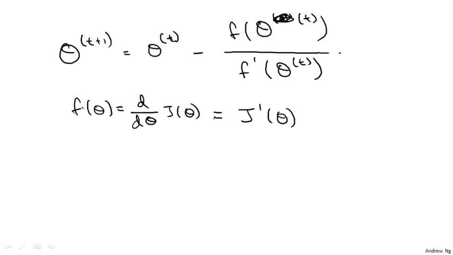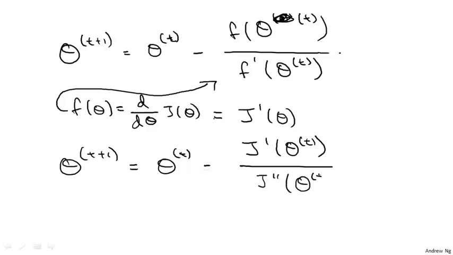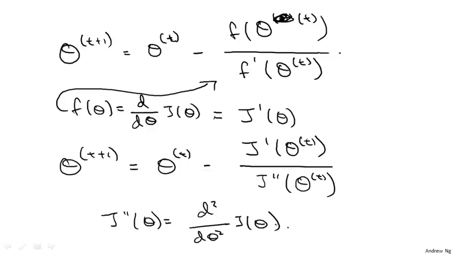Plugging this definition of f back in, what we find is that one iteration of Newton's method is as follows: theta t plus 1 equals theta t minus J prime of theta t divided by J double prime of theta t, where J double prime is the standard notation for denoting second derivatives. Great.